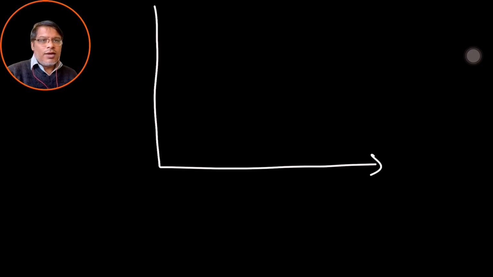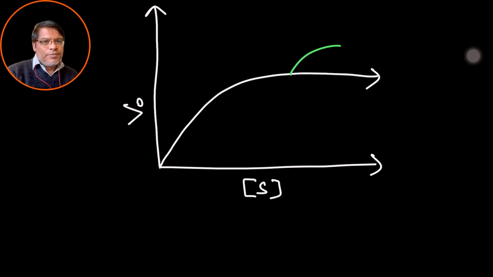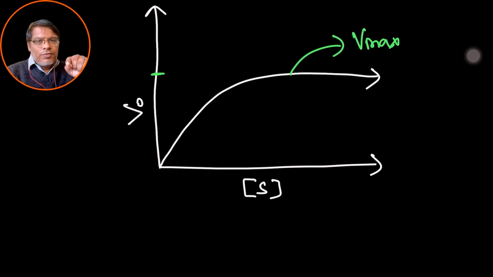Now if you plot the graph of VO, the rate at which the enzyme is working, against substrate concentration, remember, initially the rate at which the enzyme is working is slow, and as you increase the concentration of the substrate, the enzyme will reach its maximum velocity.